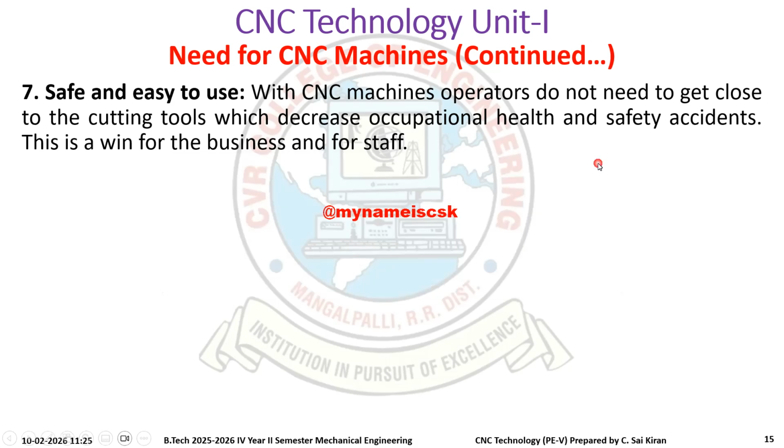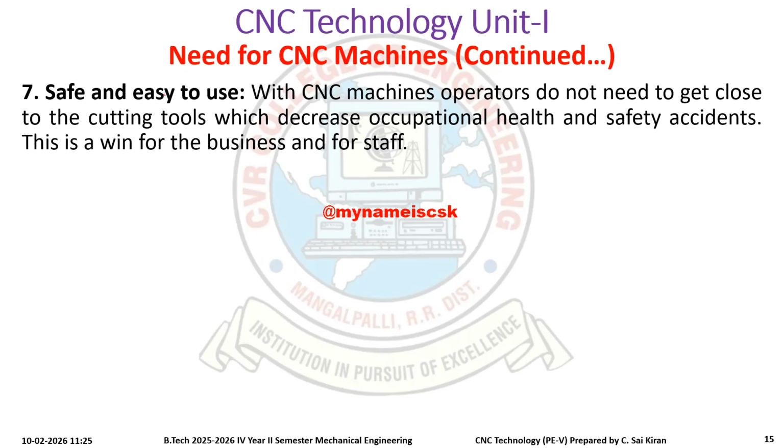Next, it is safe and easy to use. CNC machine operators do not need to get close to the cutting tools, which decreases occupational health and safety accidents. In manual machining, you work directly with coolants and so on.